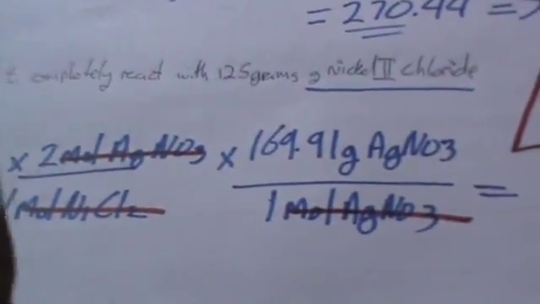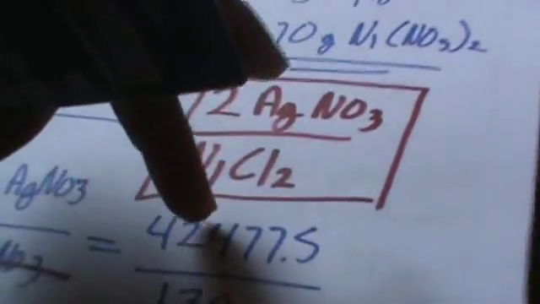Alright, so now for the calculations. We figured out that 125 times 169.91 is equal to 21238.75.